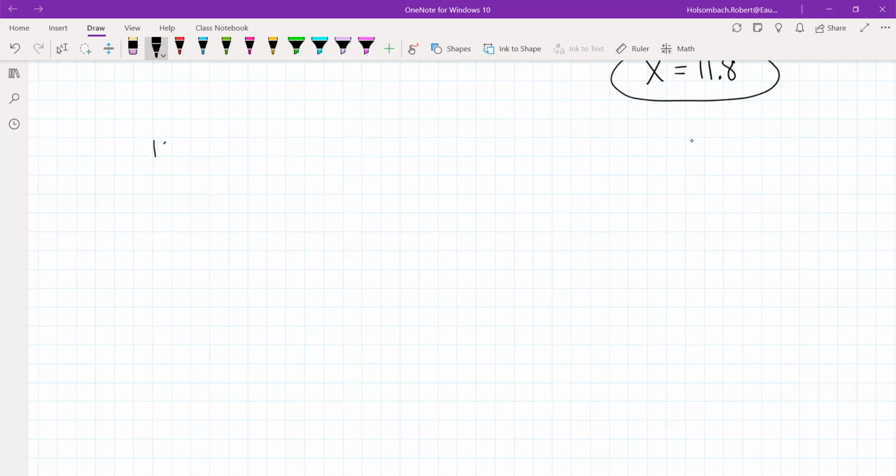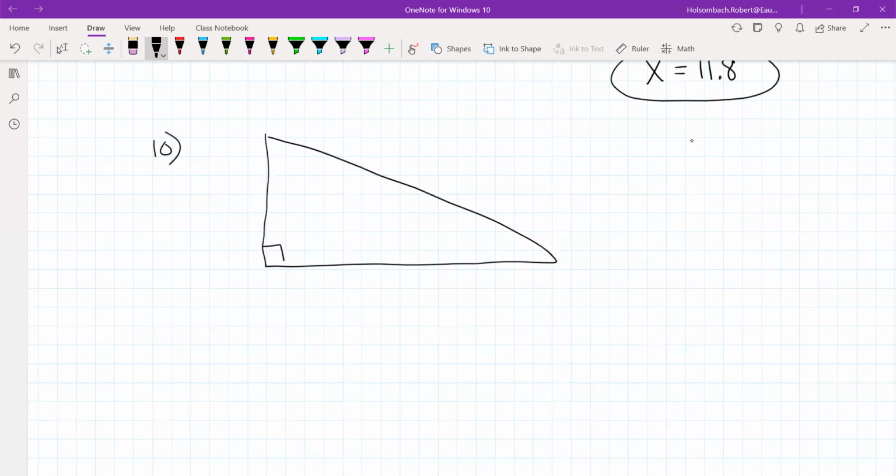Number 10. Left side is 20. Hypotenuse is x. Interior angle of 29. In this case, we're working with opposite and hypotenuse. Opposite and hypotenuse is sine. So sine 29 over 1 is equal to the opposite side over hypotenuse.